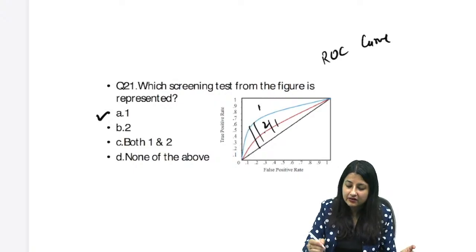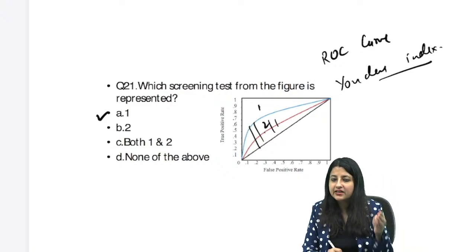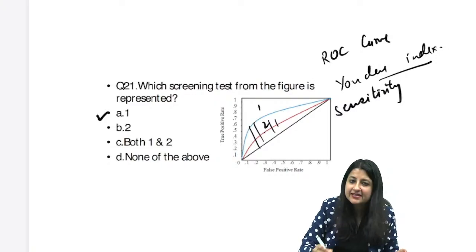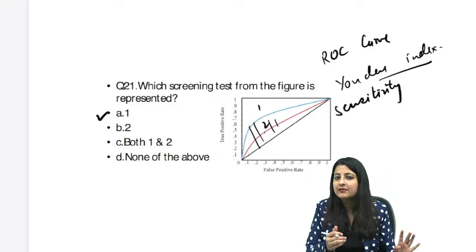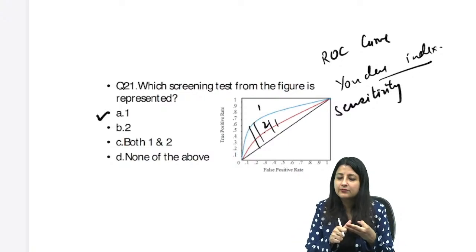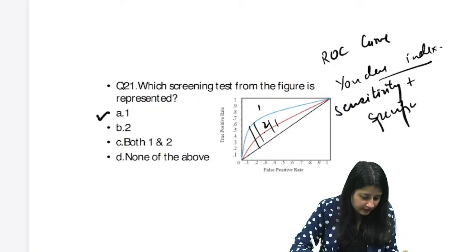And area under the curve is given by Youden's index. And I told you what is Youden's index? Sensitivity plus specificity. In case it comes in INICET, because these PYQ sessions are for all the exams, guys. It is having all the previous year topics from NEETPG, from FMGE as well as from INICET. Sensitivity plus specificity minus 1.